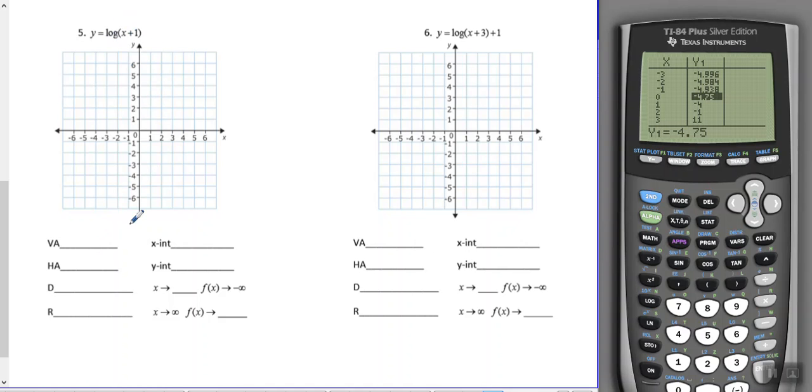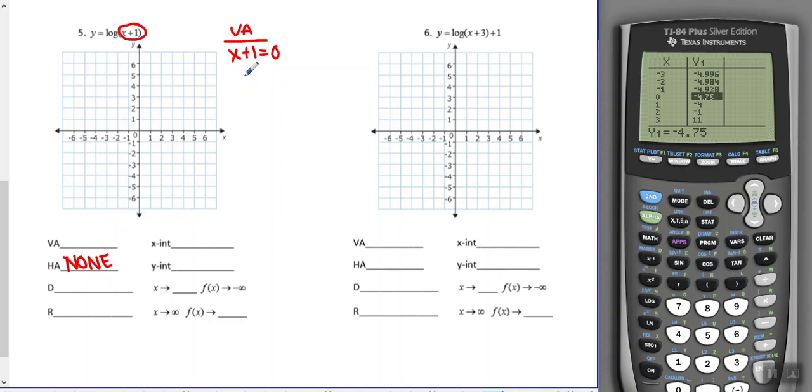And with a log function, we are going to have a vertical asymptote, but we are never going to have a horizontal asymptote. So we can say none for that one. Remember, my vertical asymptote comes from whatever is inside the parentheses. So in this case, x plus 1, and we set that equal to 0.